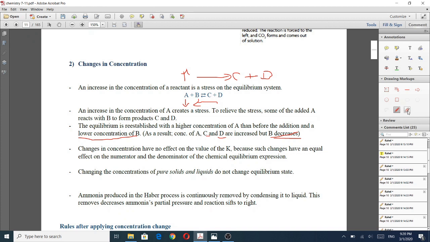What if we change the concentration of another substance? Let me give you an example. For example, if we increase concentration of D, let's say, sorry about that.